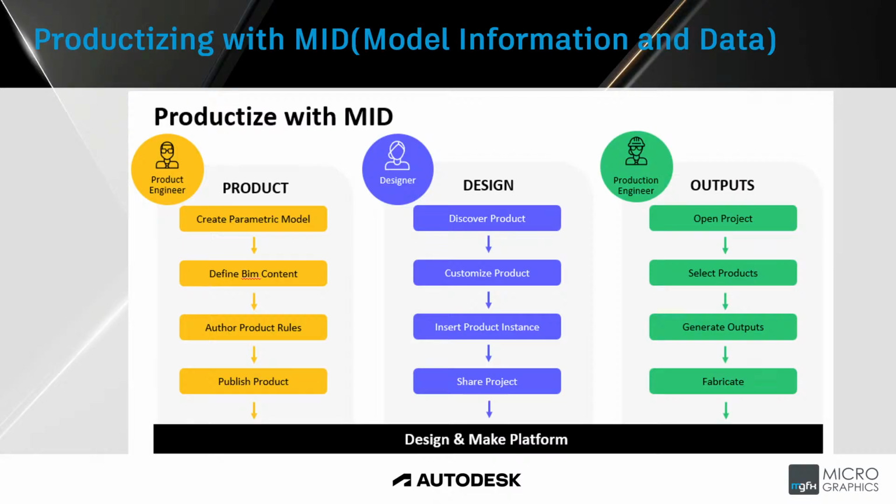And this approach will leverage the power of the model information and data and connect the design, engineering, and production in one streamlined workflow. What would be the final result? Products that are accurate, customizable, and ready for efficient fabrication.